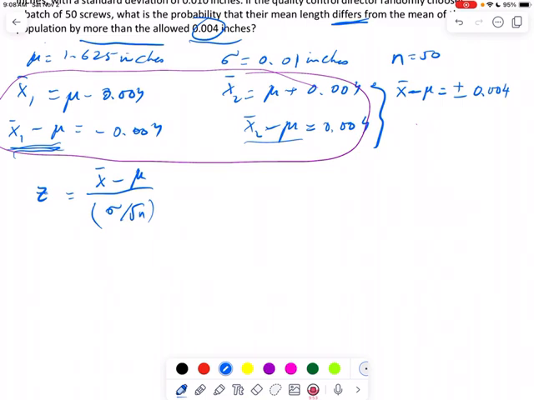And so z will be plus minus 0.004 divided by sigma, which is 0.01, divided by square root of 50. Plug in your calculator and what do we get? Plus minus 2.83.